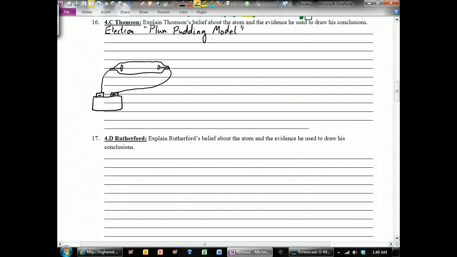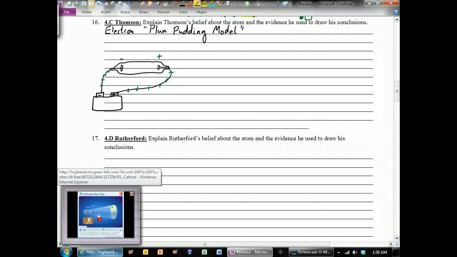When you hook up a battery, it has a negative side and a positive side. So there was a negative terminal and a positive terminal inside of this tube.